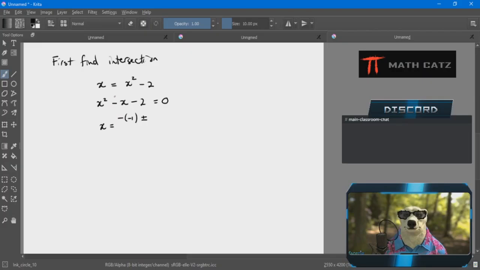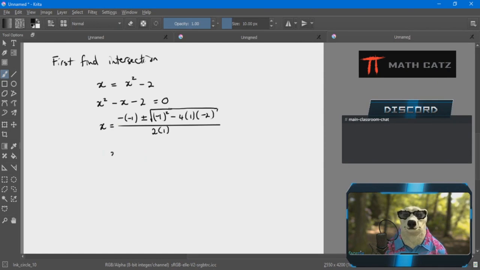Negative b, which is this coefficient of x, plus or minus the square root of b squared minus 4 times a times c, all in the square root, over 2 times a.